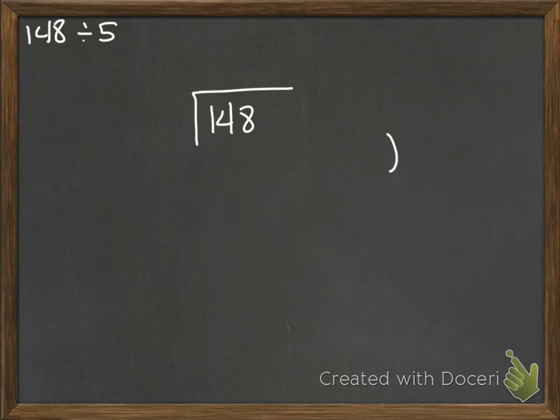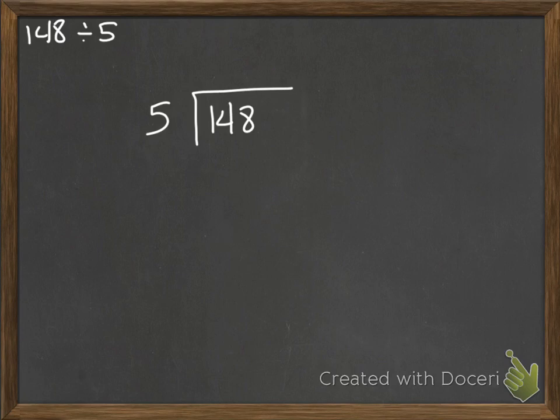So I just put it straight down because then I know I'm writing it the right way. If I want to divide 148 by 5, 148 goes inside the division sign. My 5 is going to go on the outside right here. Let me erase this and get it out of the way. Okay, so I'm going to divide this.